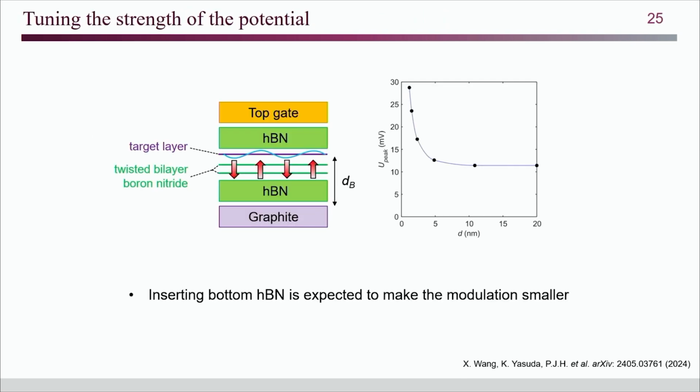Previously, we mentioned that with a thicker BN, we can tune the modulation in the graphene. That was in the parallel stack case, but it also holds true for the twisted BN case. If we insert a thicker BN, we can expect the modulation to be decreased from around 30 to around 10 meV.